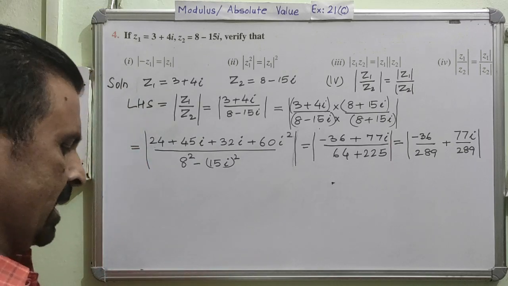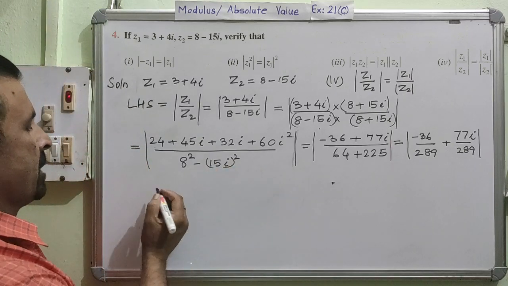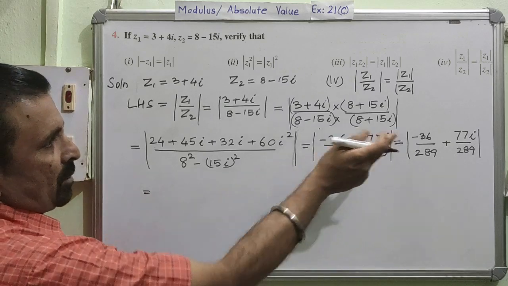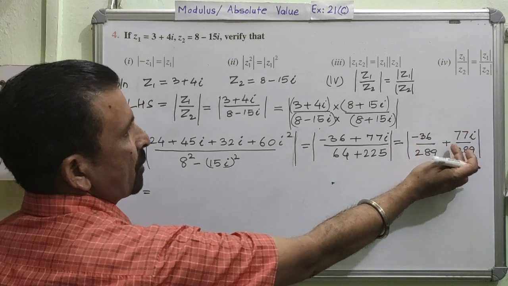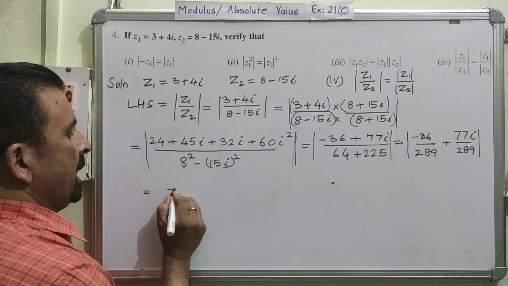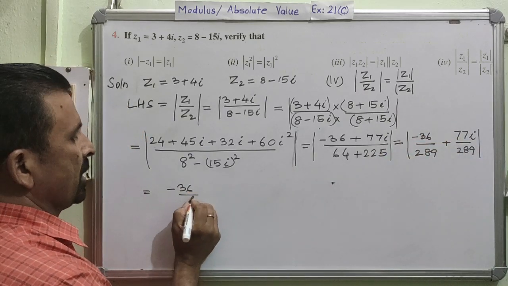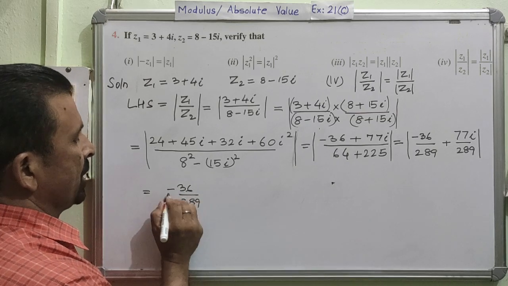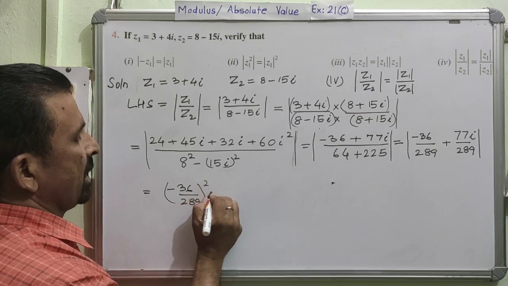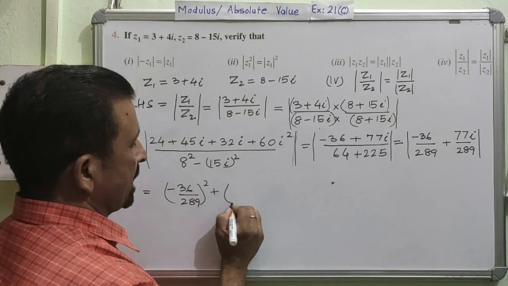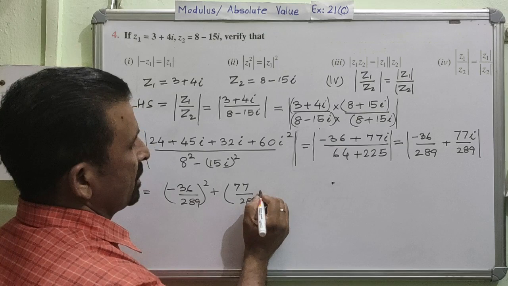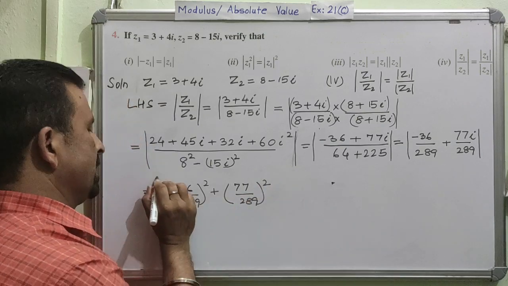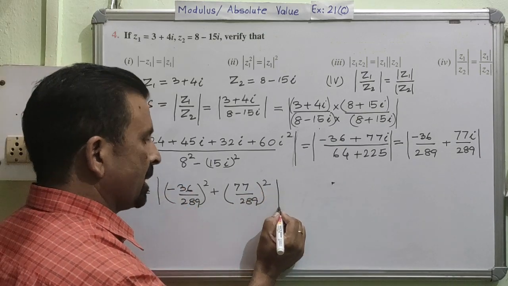Now we are calculating the mod from here. This is the real part, the value of A, and this is the value of B. So it will become negative 36 over 289 squared, that is A squared, then B squared, that is 77 over 289 squared. Please be mindful, we are calculating the mod of the given complex number.